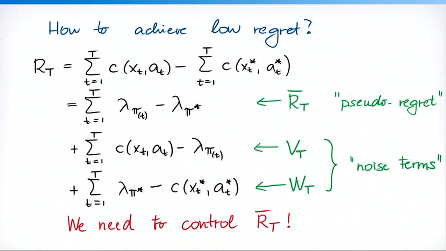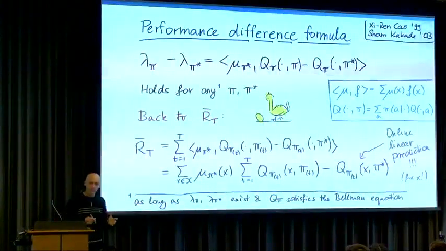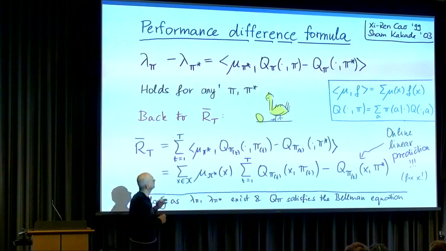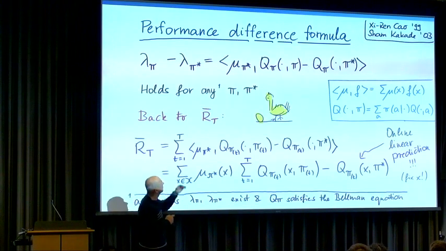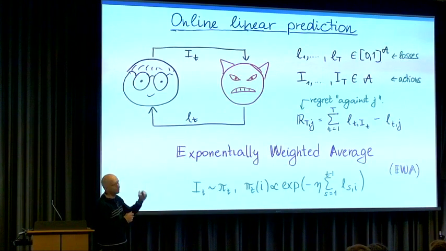This is pretty ridiculous. Switch machines? I don't know. Or end slideshow, restart, maybe. All right, so here we come. The big help for dealing with the pseudo-regret is this performance difference formula, which I first read about in, I think it was Shem's studies.